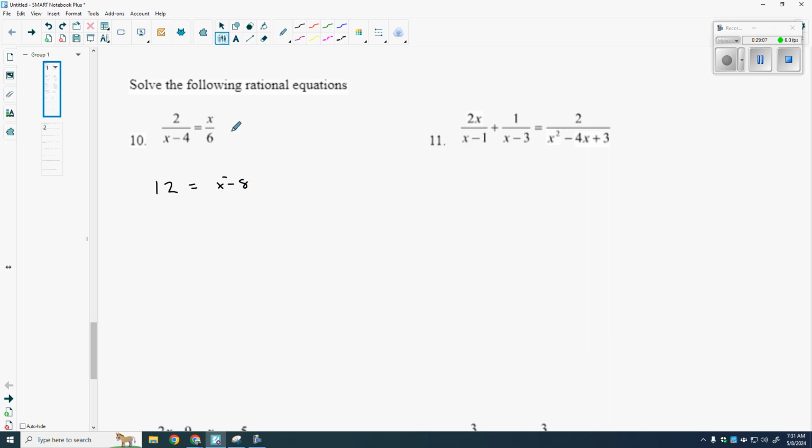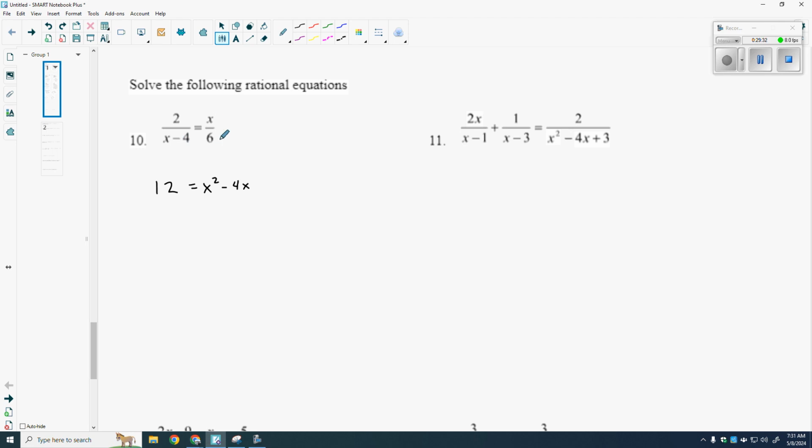Okay, so x times x is x squared. Wow, what did I do? I did not do that correctly. x times x is x squared. Negative 4 times x is a negative 4x. I don't know what I did before. Sorry, I'm glad I tried the other technique to catch my mistake.